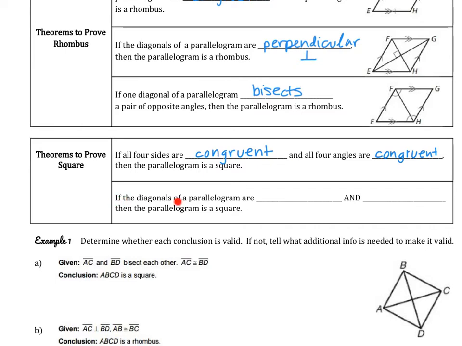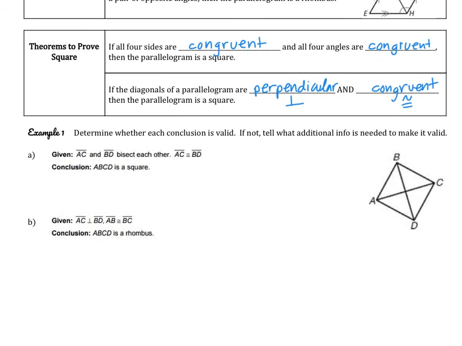And then we can also say if the diagonals of a parallelogram are both perpendicular and congruent, then the parallelogram is a square. So you can see that this really comes from the theorem for a rhombus, and this comes from the theorem for a rectangle, because remember, a square can be classified as a type of rhombus or as a type of rectangle. It's a more specific type of quadrilateral.